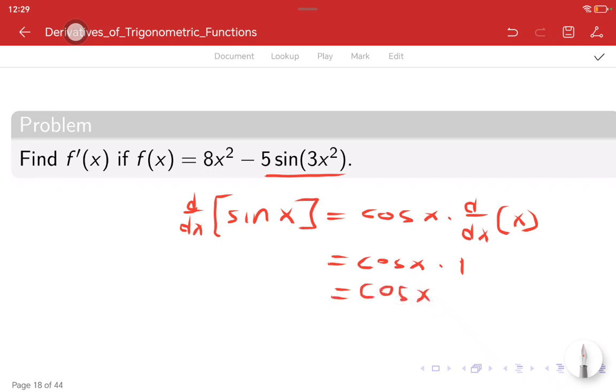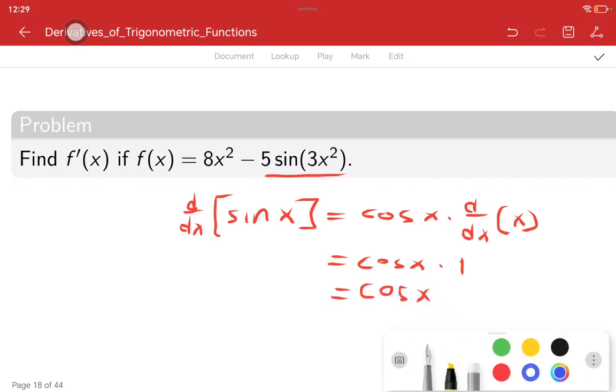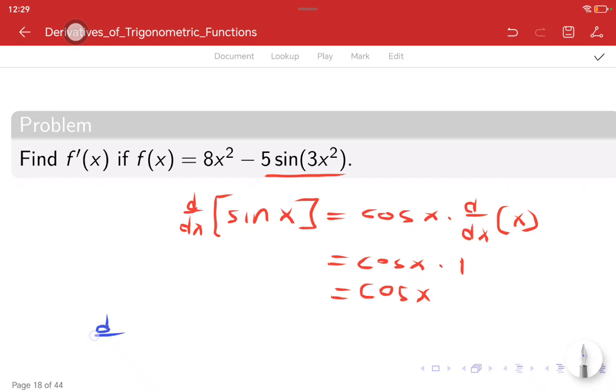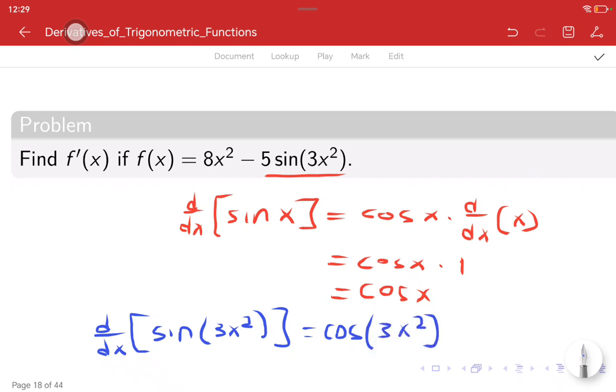You see right now? And then if now we are deriving sine 3x squared, what we would get here, when we derive sine 3x squared, we get cos of 3x squared. But we times by the derivative of whatever is inside, which is that.